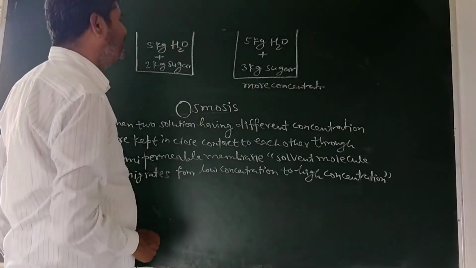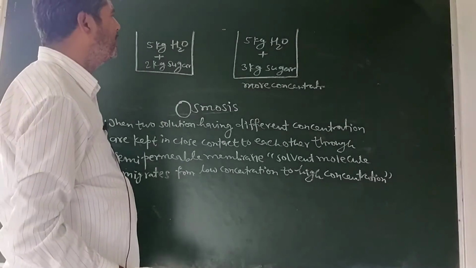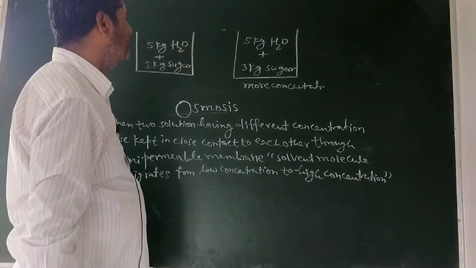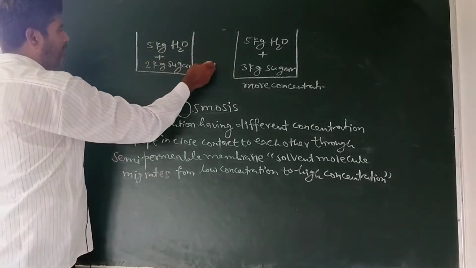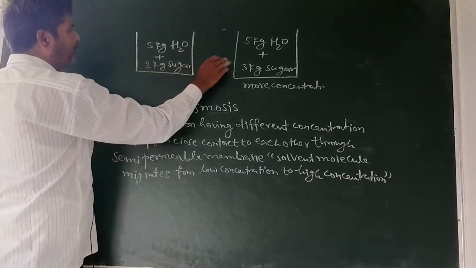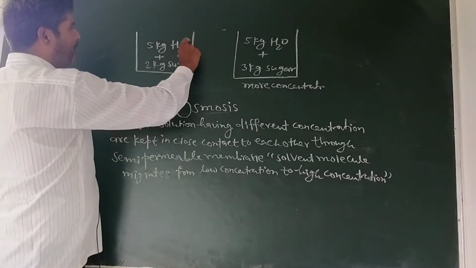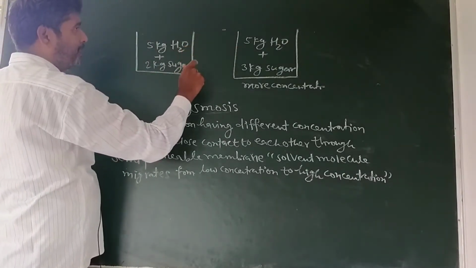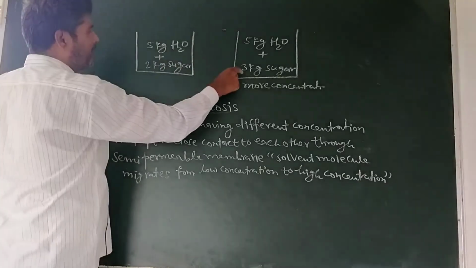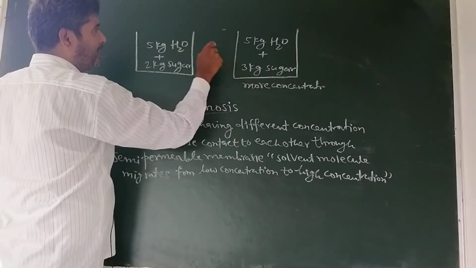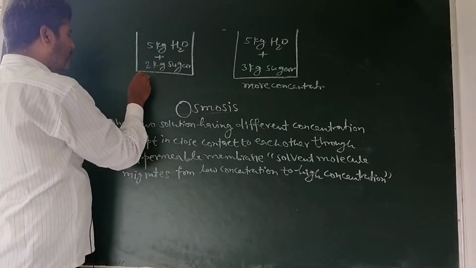Number of solute molecules, that is sugar, present per unit volume or per unit mass of the solvent is maximum in this case rather than that of this. It will have low concentration in comparison to this because it has only 2 kg. Amount of solvent is similar in both, but amount of solute is different. It has 2 kg and it has 3 kg. It has high concentration and it will have low concentration.